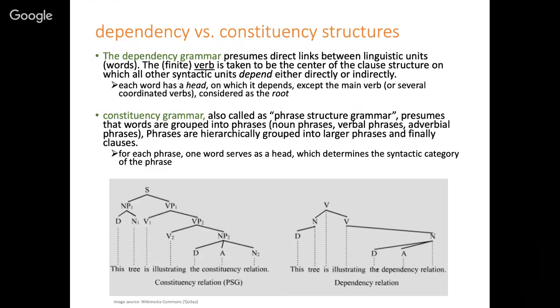So there's an example tree from this. So we have here the sentence, which is divided into noun phrase and verbal phrase. And the noun phrase is formed by this tree. And the verbal phrase is a bigger entity here, which is then divided into another verbal phrase and another noun phrase.